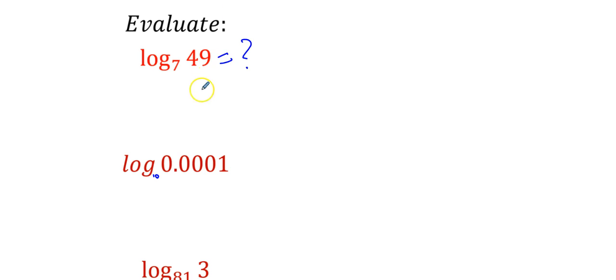The first one is log base 7 of 49 is equal to how much? So let us assume that the answer is x. So log base 7 of 49 is equal to x.